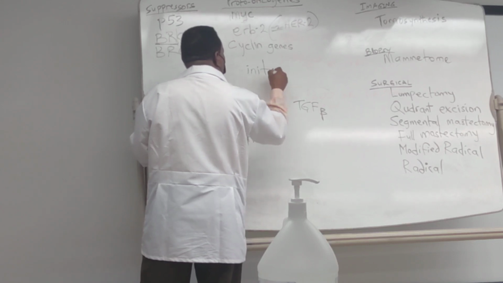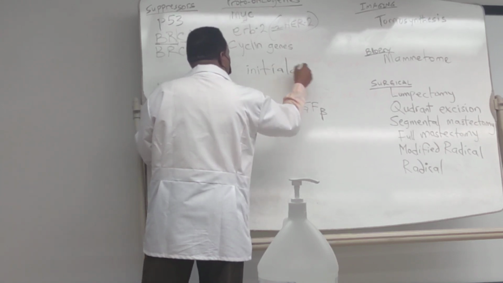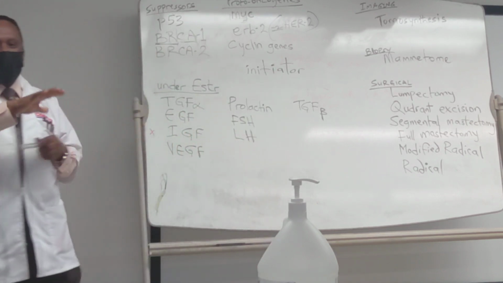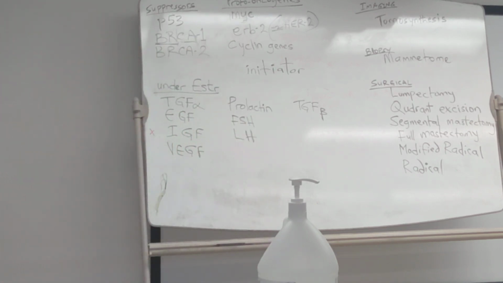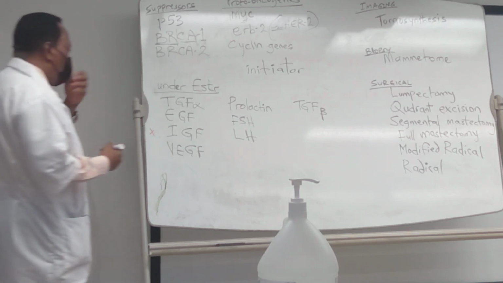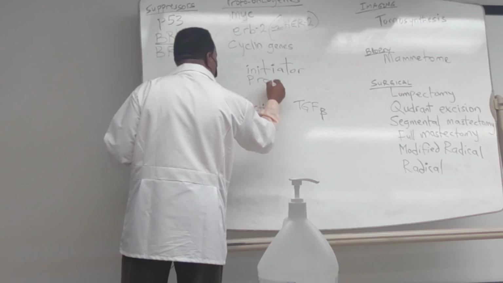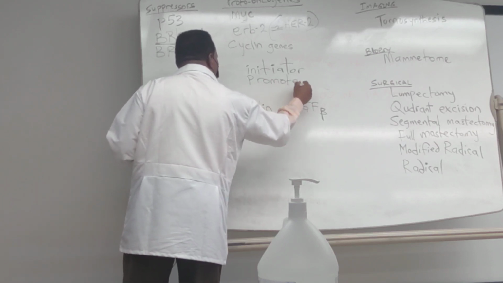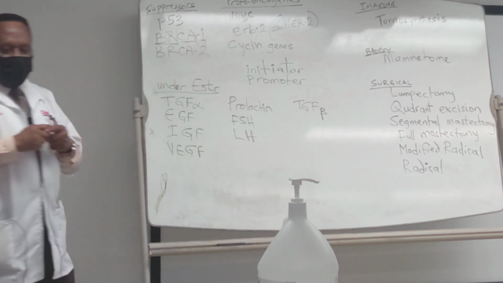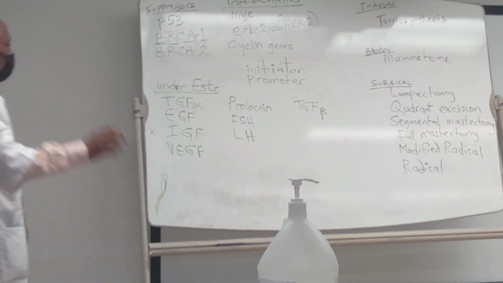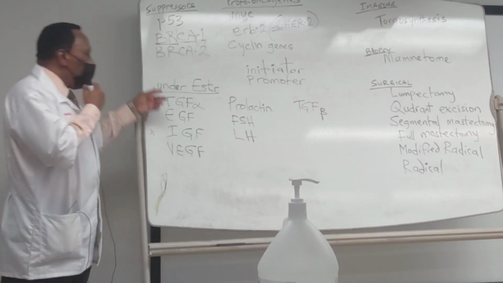So something that initiates or starts the transformation of the normal cell into a cancer cell. Once that initiation occurs, then you have a promoter, something that will promote the ongoing proliferation of that cancer cell.